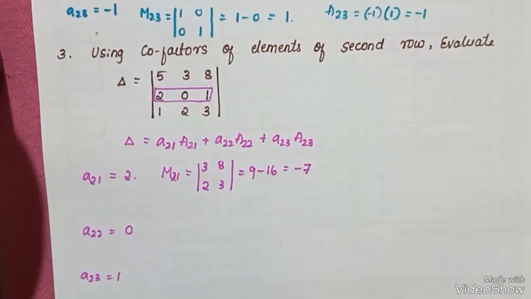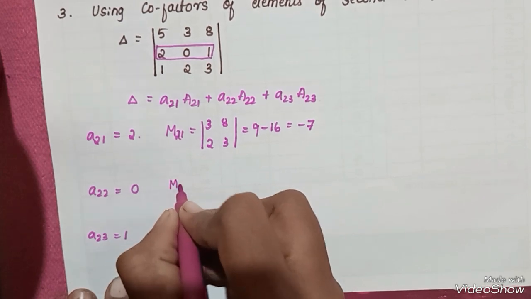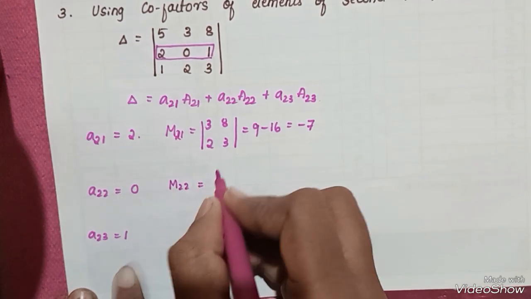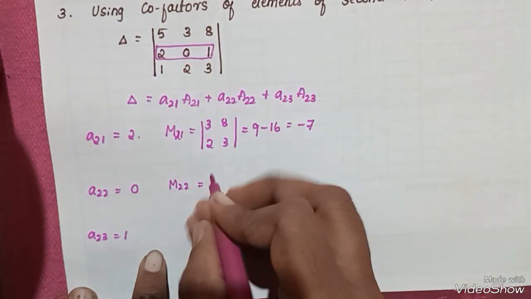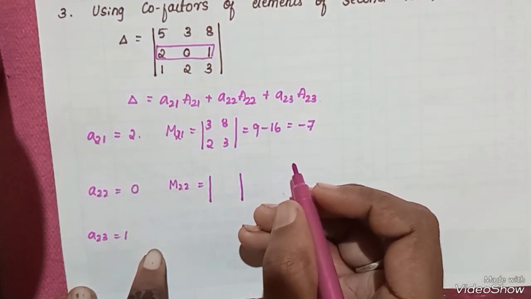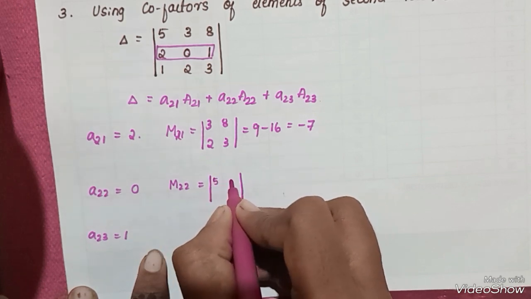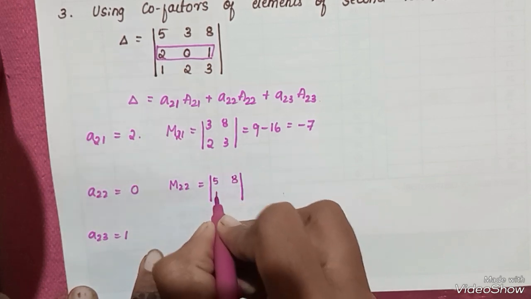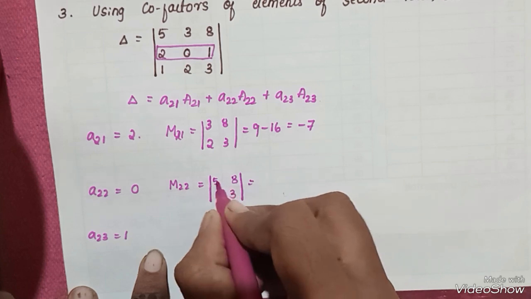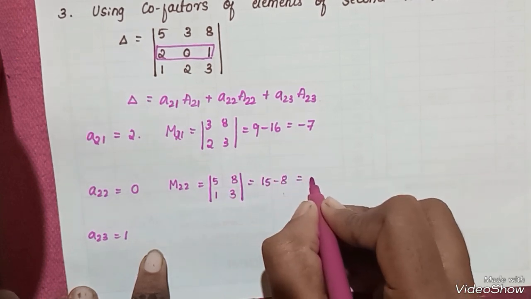Again m22. For the element 0, I have to neglect the row and column in which the element 0 lies. That is 5, 3, 5, 8, 1, 3. That is 5 threes are 15 minus 8, it becomes 7.